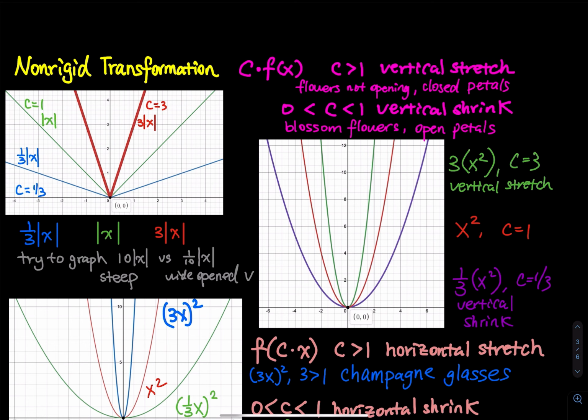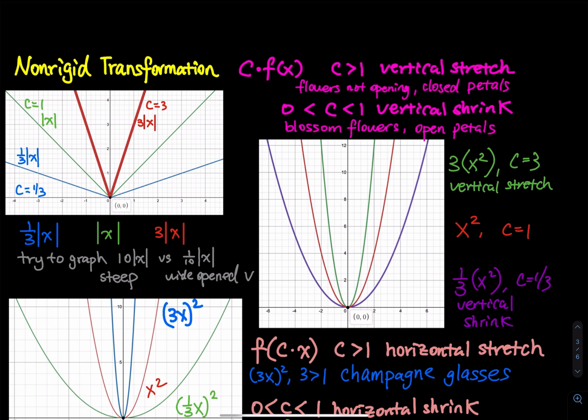You will see the difference immediately. Also try to graph 10 times absolute value of x. You will see a very steep V. And with 1/10 times absolute value of x, you will see the V is wide open because the 1/10 affects the slope of the straight line.